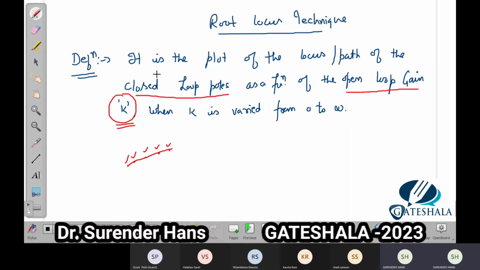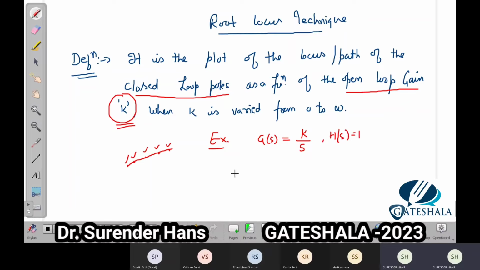This root locus is the plot, or the collection of all closed loop poles. What does it mean? So let's say an example. G(s) is equal to K divided by s, where the unity feedback is there, H(s) is equal to 1.